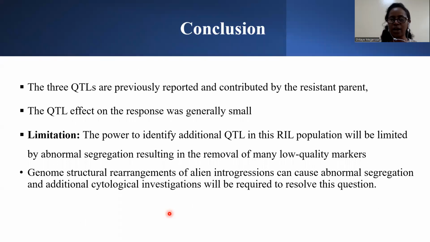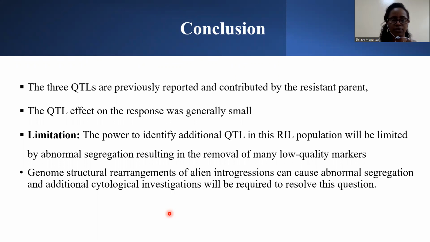The 3 QTLs were previously reported and contributed by the resistant parent. The QTL effect on the response was generally small, so we may need to do a single-plant test to see the actual effect on the response.